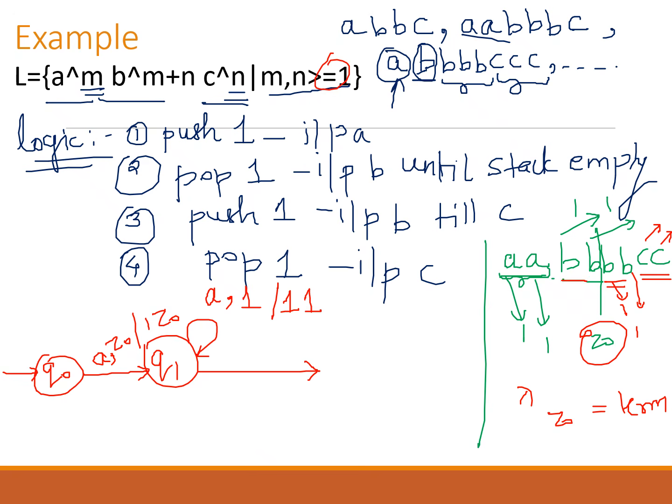Next, what will come up is this B. As soon as I get a B, there would already be a 1 on the stack and we perform the pop operation. At least one B would be popped off because there is at least one A coming up. After this, how many B's can we get?